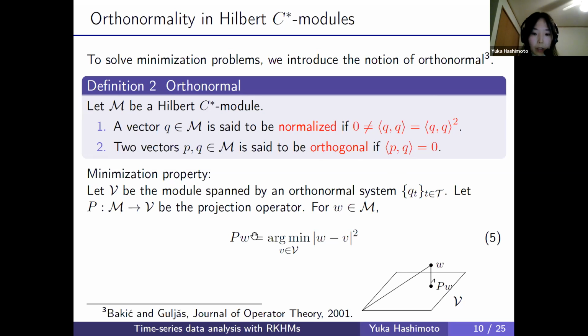And then the projected operator on this submodule minimizes the difference between the original vectors in V. And this property is very fundamental property in Hilbert spaces, and often used for solving minimization programs. And this important property is also available in Hilbert C star modules.